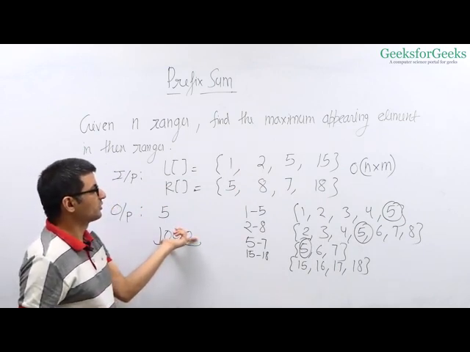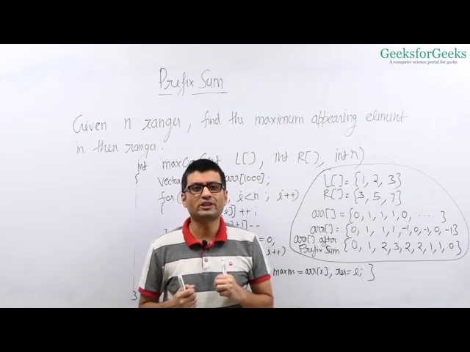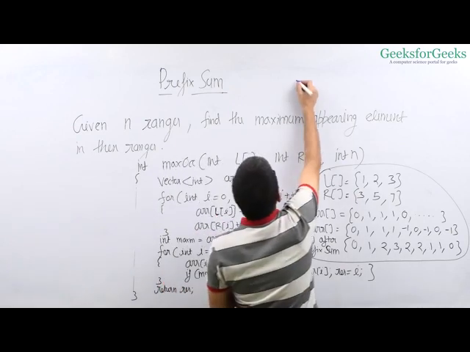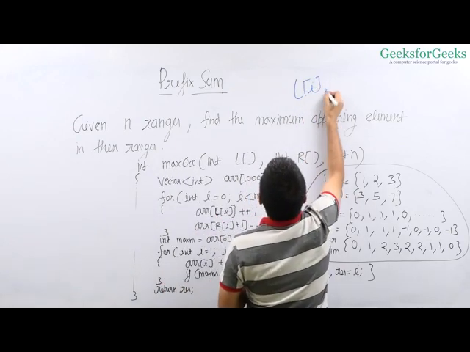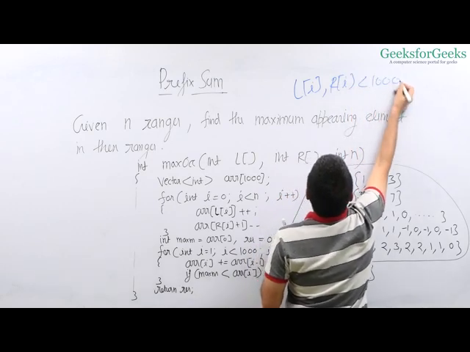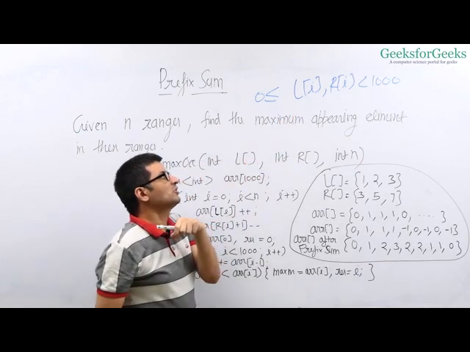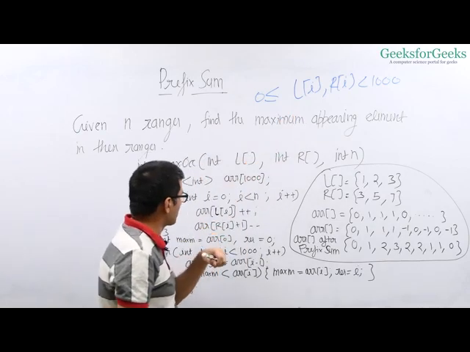Can you optimize this solution? I just told you a hashing based solution. Then I said what to do if the ranges are limited. So what do I mean by ranges are limited? Li, Ri are smaller than 1000 and greater than or equal to 0, right? So if you have these values, can you do this solution in better time complexity?